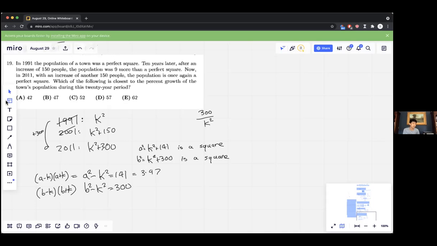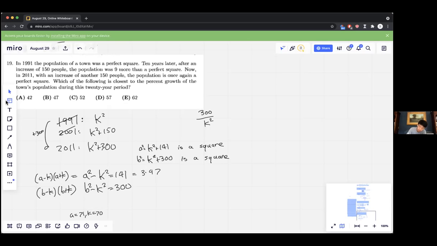That dies if you run through it. In that case, you get that a equals 71, k equals 70 is one possible solution, but then this dies when you try to substitute that into the equation with b.